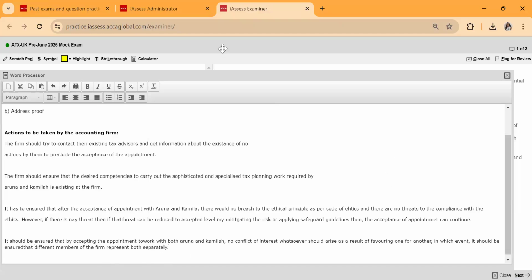Done, and there are four pointers that we have written. And fifth one, we wrote about the information.